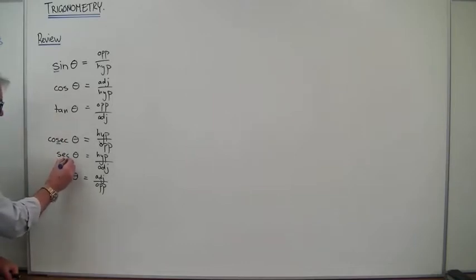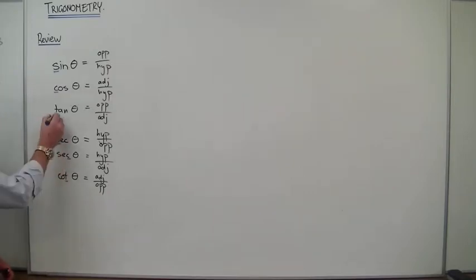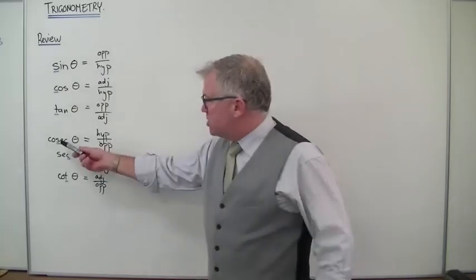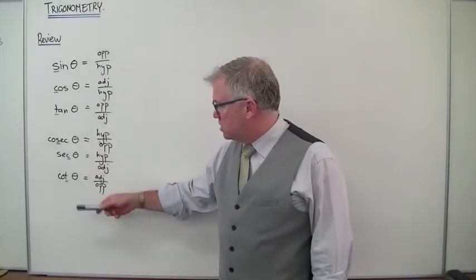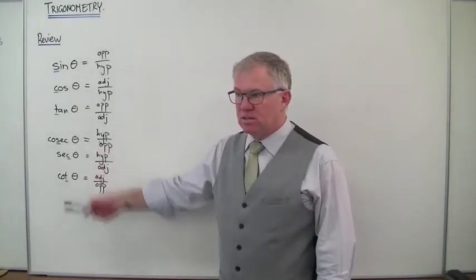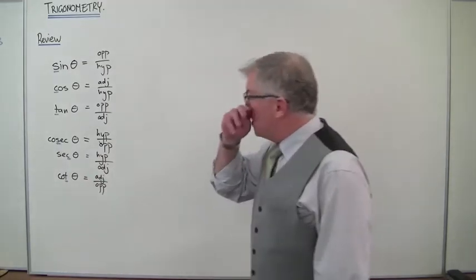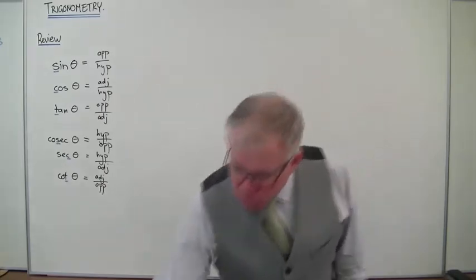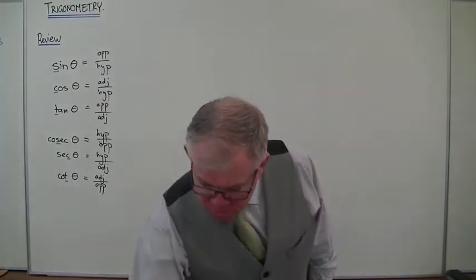The third letter of secant, or sec, matches up with cos, and the third letter of cot matches up with tan. So the actual names of these ratios are cosecant, secant, cotangent. Alrighty? That's revision. That's a review of what we've been doing so far.